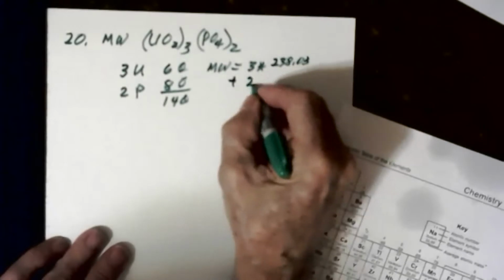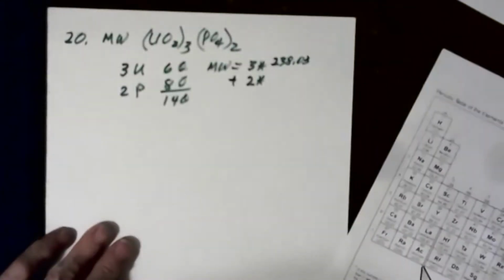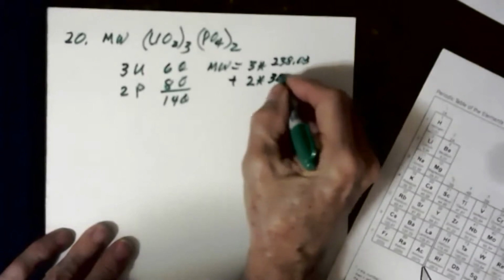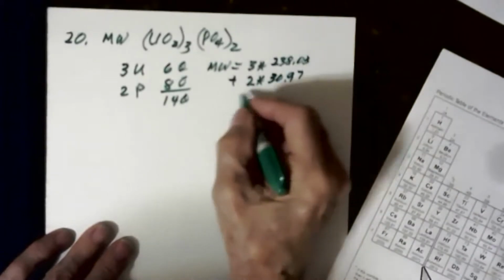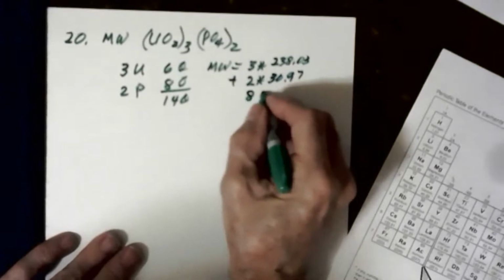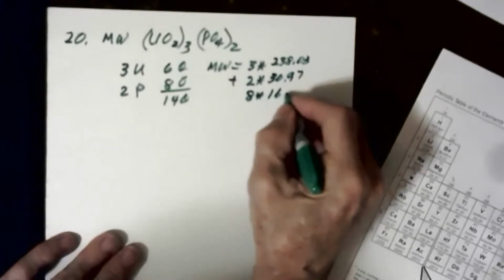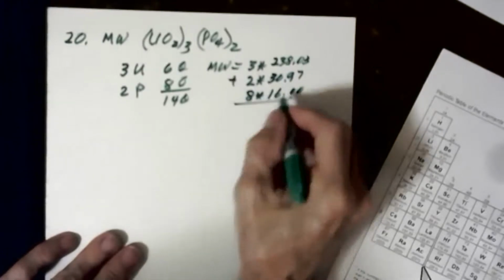We've got to add 2 phosphoruses. Phosphorus is right here, 30.97. Plus we've got 8 oxygens. Atomic weight of oxygen is 16. And now let's see what we get for molecular weight.